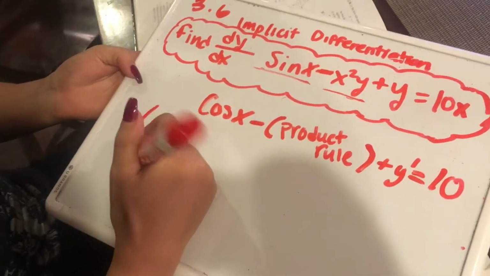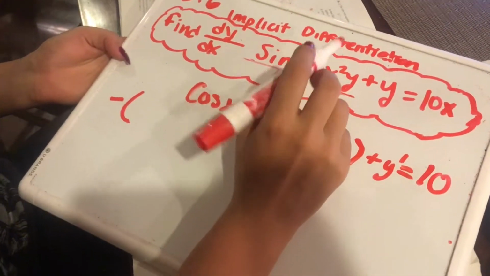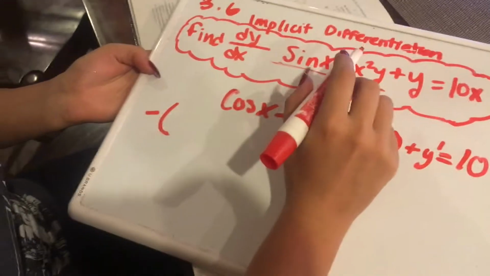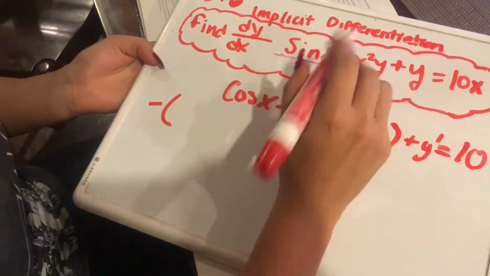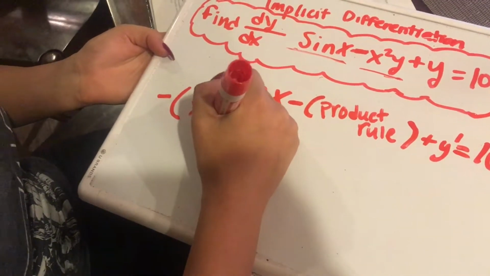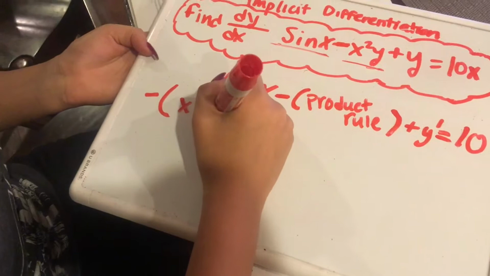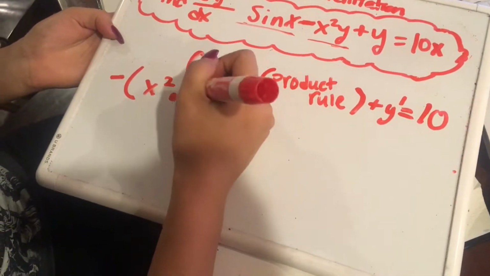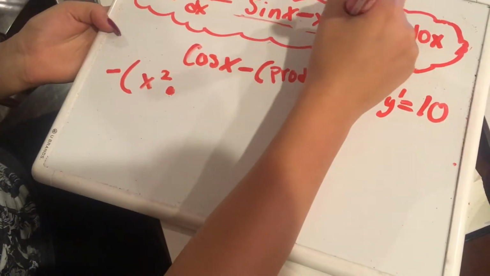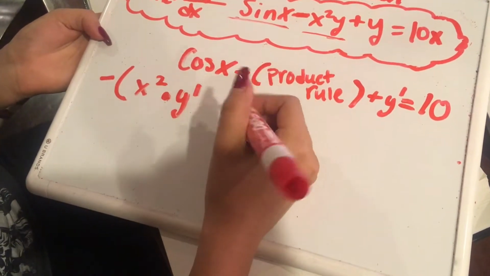Okay, so to start, we're going to use the product rule. The first step in the product rule is you take the first, which is x squared, times the derivative of the second, which is y. The derivative of y is 1, but since you're finding the derivative of a y, you have to use y prime.